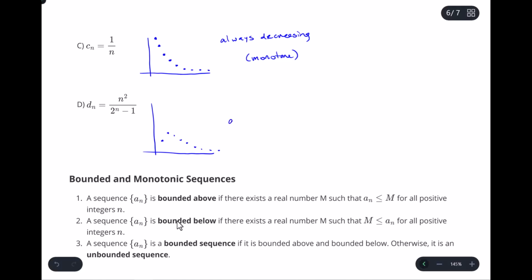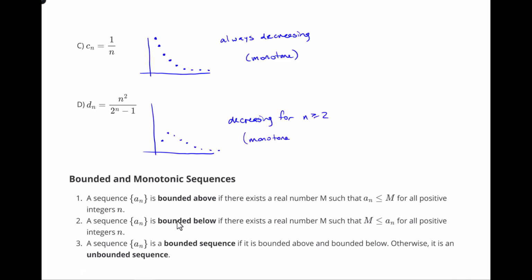This was decreasing for values of n greater than or equal to 2, and therefore we could say that this is monotone. This qualifies as a monotone sequence.